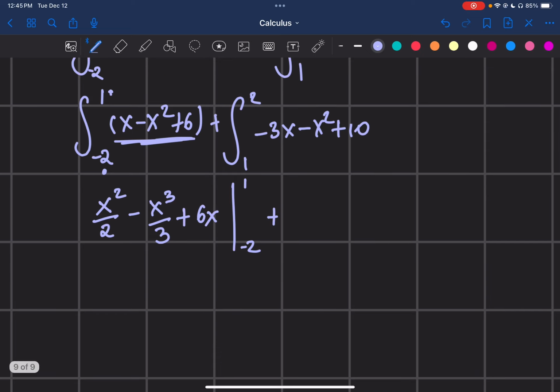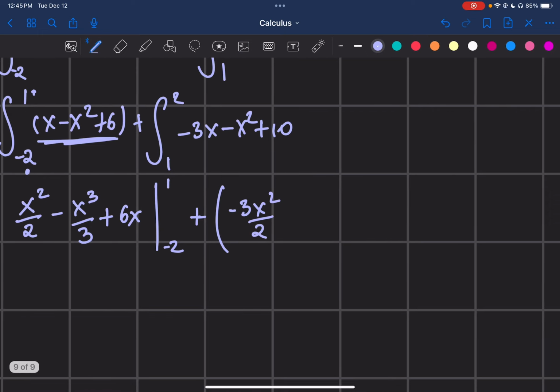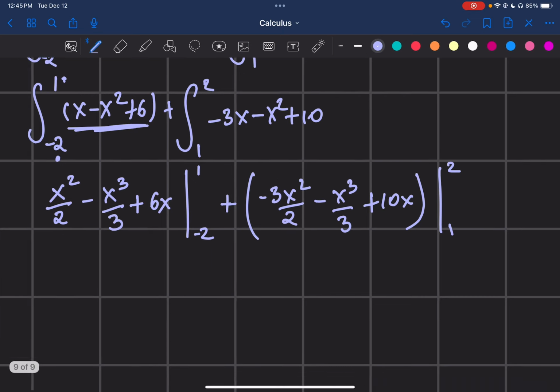Plus, same thing here, I'm taking the antiderivative. So I'm going to end up with -3x squared over 2 minus x cubed over 3 plus 10x, going from 1 to 2.